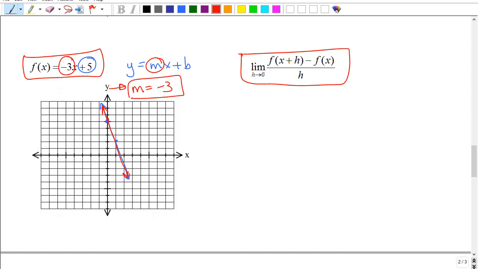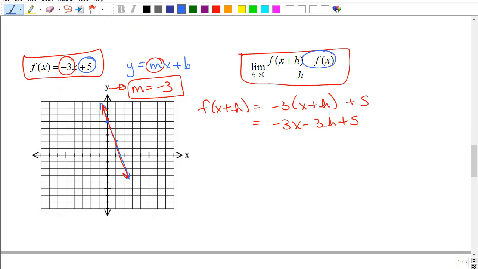Well, so let's see. I need to find f of x plus h. So f of x plus h is -3 times x plus h, plus 5. And then I need to subtract f of x.